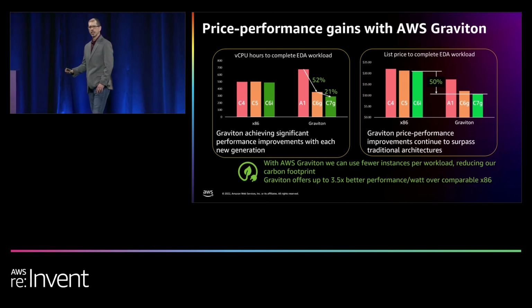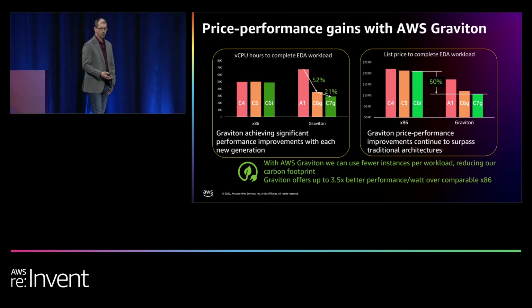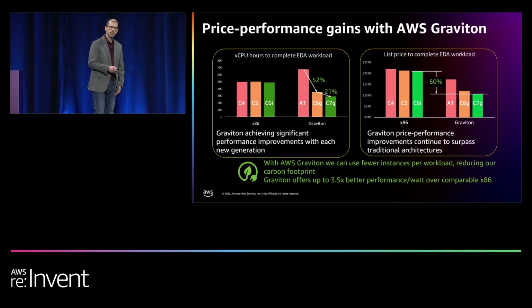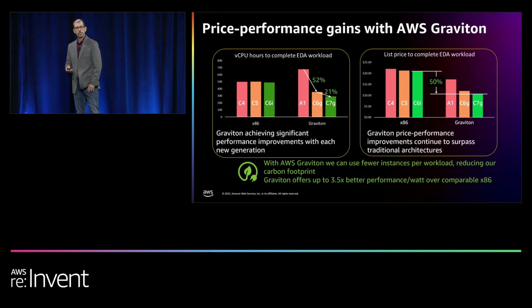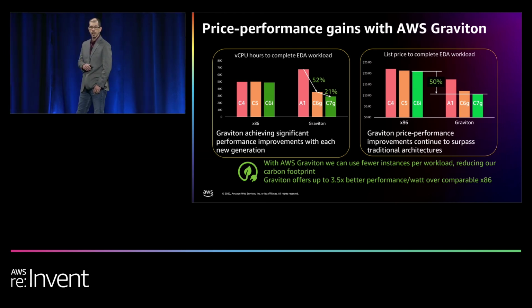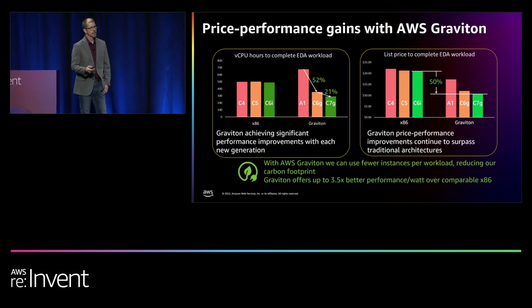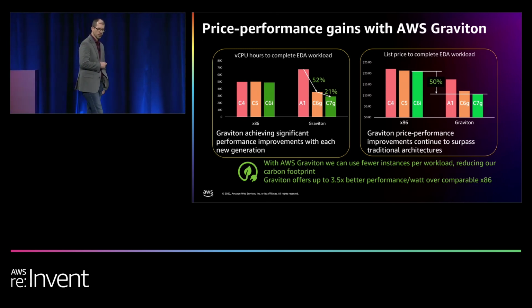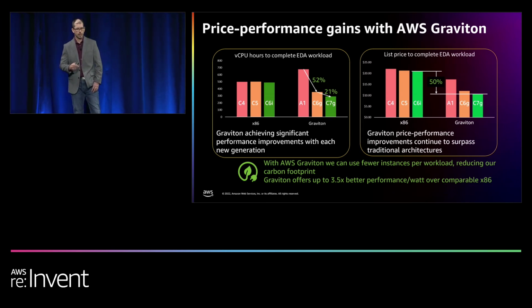And then consider price. For the same workload, the latest generation of Graviton is 50% less expensive than the latest generation of x86 with the C6i. From a sustainability standpoint, that allows us to use fewer instances, again, reducing the carbon load created by our products.